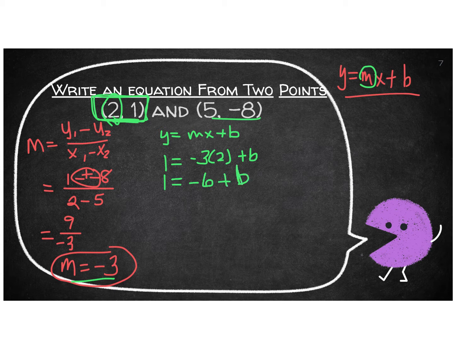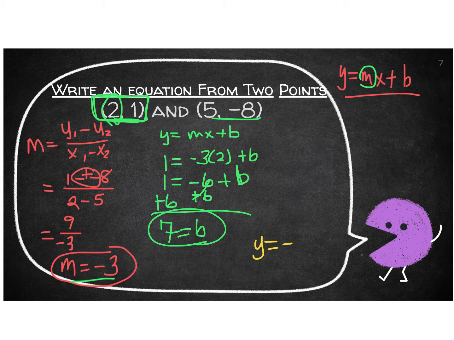And I'm solving for the b, so I'm going to add the 6 over. 1 plus 6, that's 7. So b is 7. Now that I have my m and I have my b, I have my slope-intercept form. y equals my m, which is -3, x plus my b, which is 7. So that is slope-intercept form.